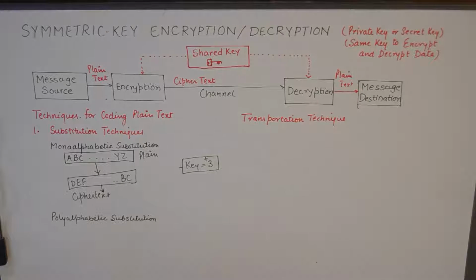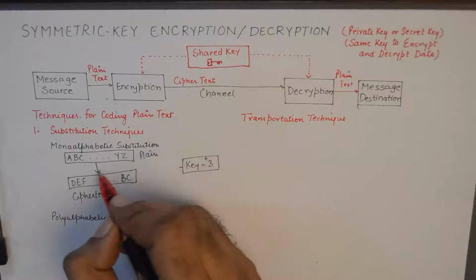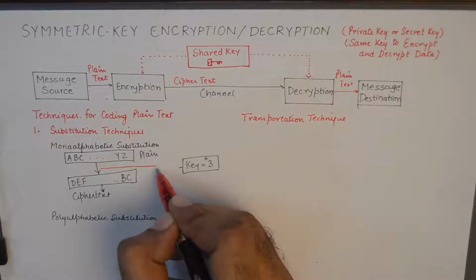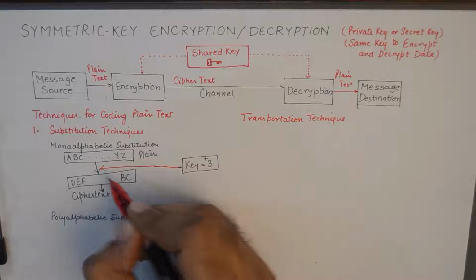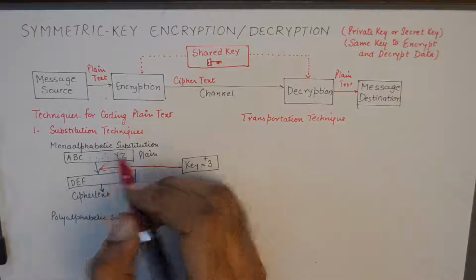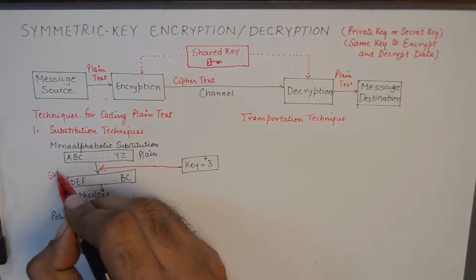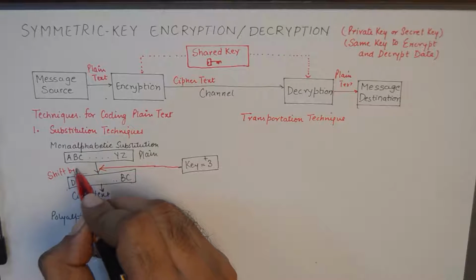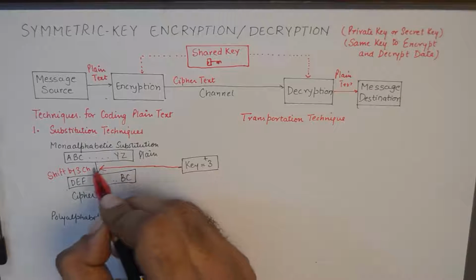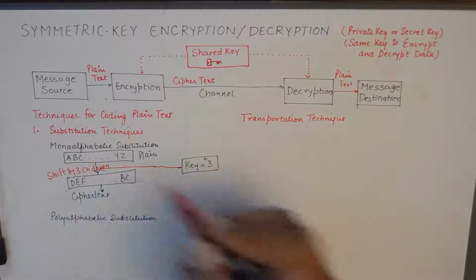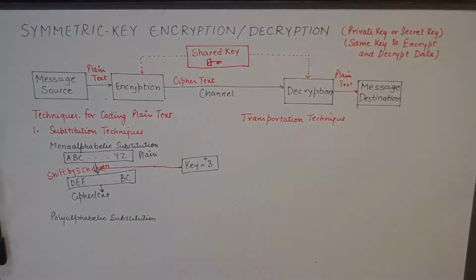What I could write down here is that this key has shifted all the characters down by 3 positions. So I could say the shift by 3 characters down will generate a new text.